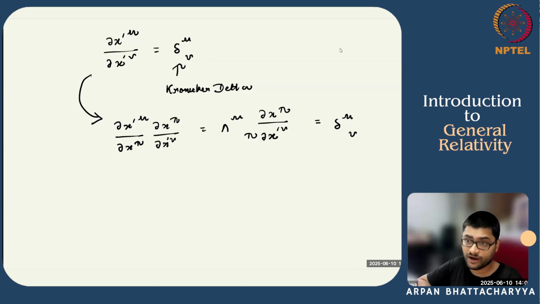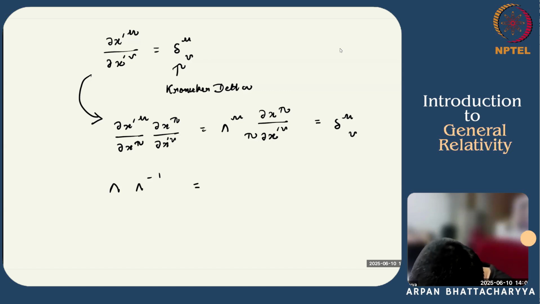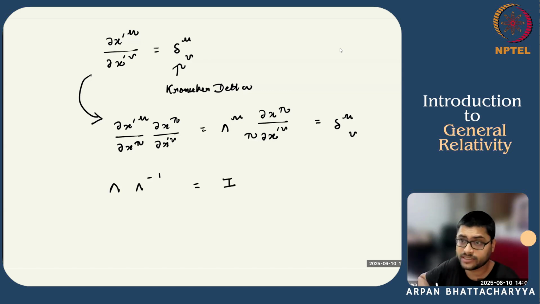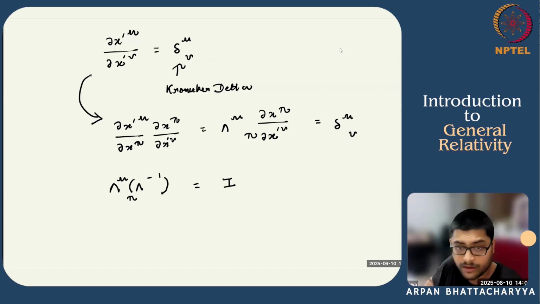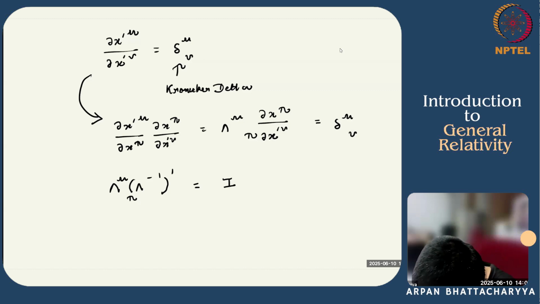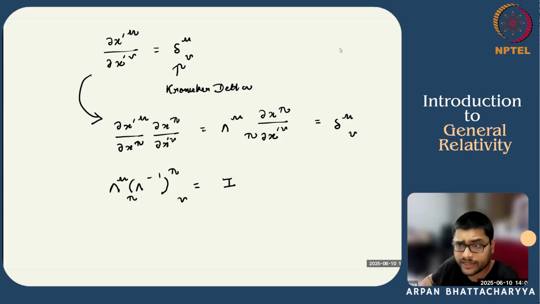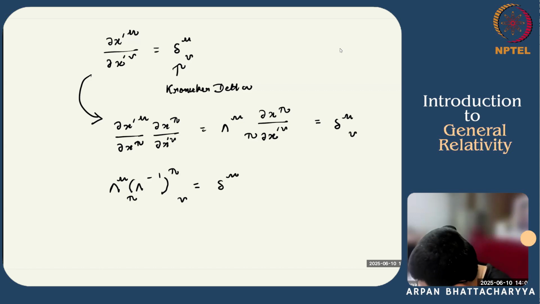Now, from the definition of inverse, we know that lambda times lambda inverse should be identity, and in terms of components, this row of lambda will be multiplied with the column of lambda inverse, and a component of identity is nothing but the Kronecker delta, delta mu nu.